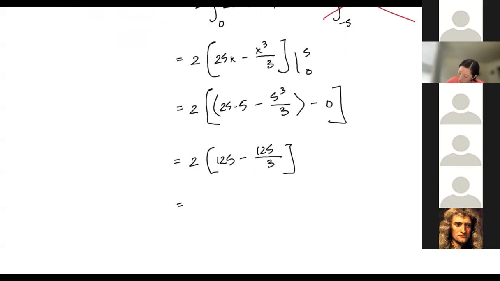Let's go ahead and combine fractions here first before we double things. So if I have a denominator of 3 over here, I need another denominator of 3. So my numerator becomes, what does that become?